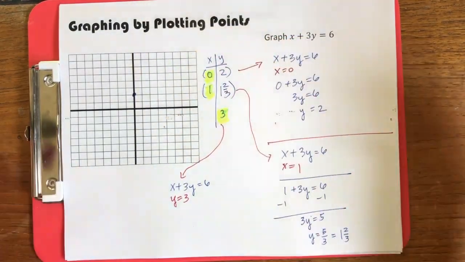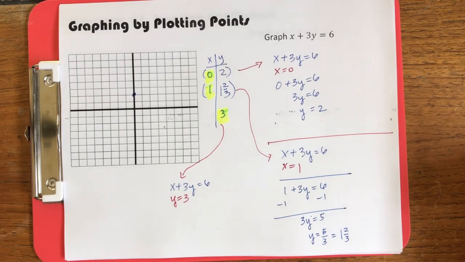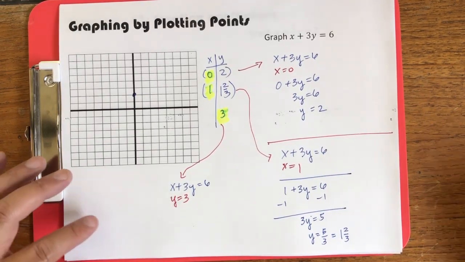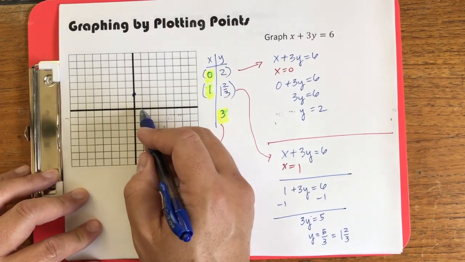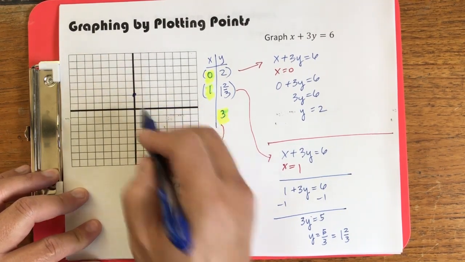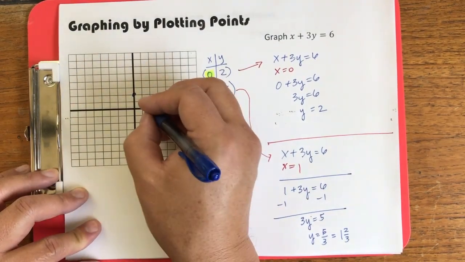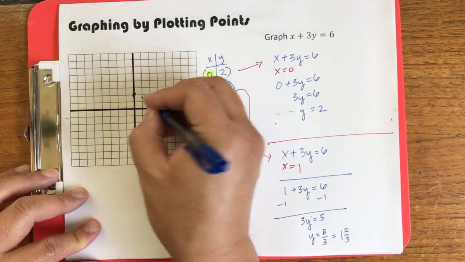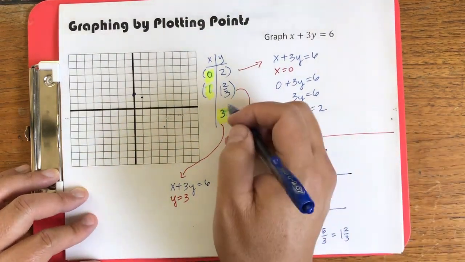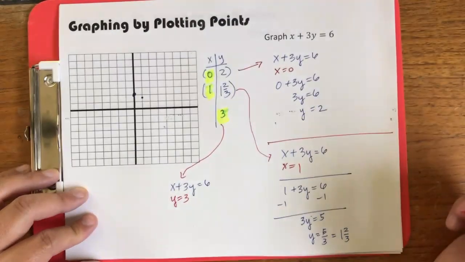Depending on your personality, when you see a fraction, you may say, let me do another problem because I hate fractions. Let's say you're brave and you decide that you're actually going to graph the fraction. You actually can. Now, the x is 1, and 1 2/3 is between 2 and 3 for y. I can put a little point right there for 1 2/3.